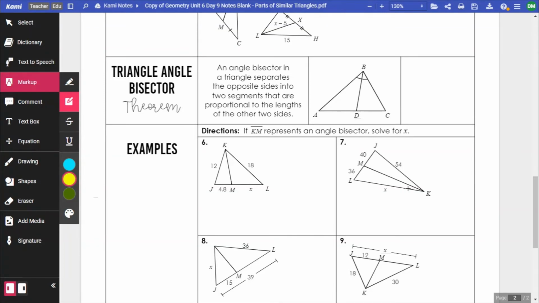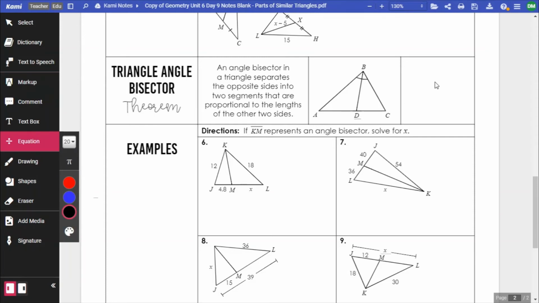Okay, now we're going to look at our last theorem of this unit, and it's the triangle angle bisector theorem. So this is kind of interesting. This does not really have to do with similar triangles, but it does have to do with proportion. This says an angle bisector in a triangle separates the opposite side into two segments that are proportional to the lengths of the other sides. So what this is actually saying is that AD over DC is equal to AB over BC.